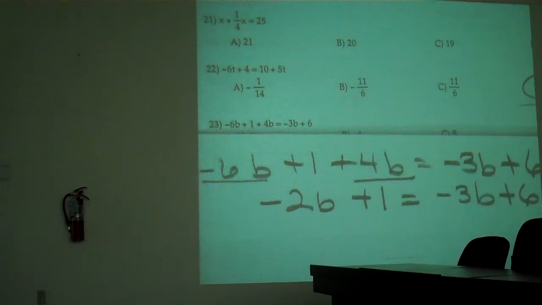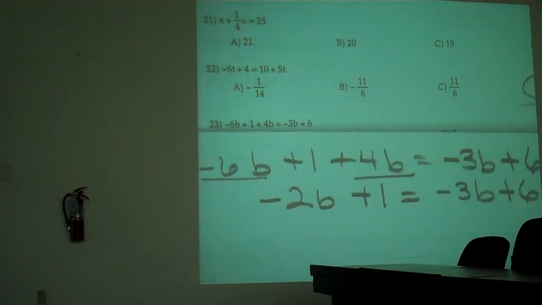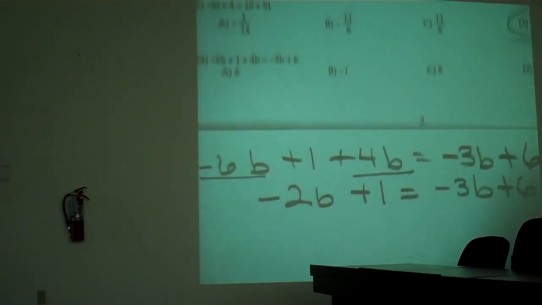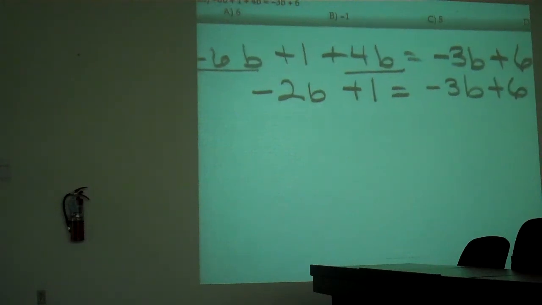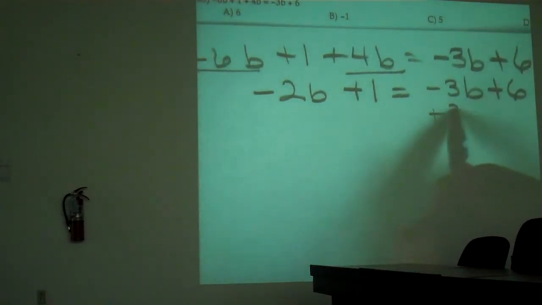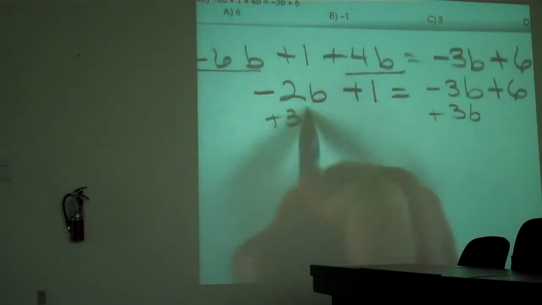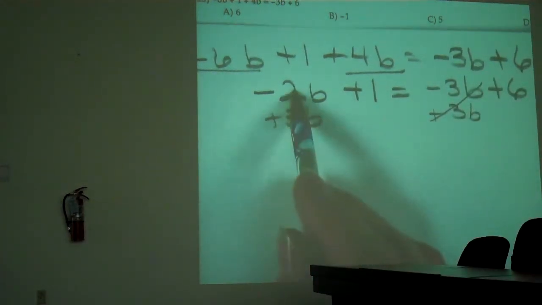Okay? Now decide which side you want the variable on. You want to add 2 or add 3b? Add 3b? Okay, we'll add 3b. That's going to make it a positive.